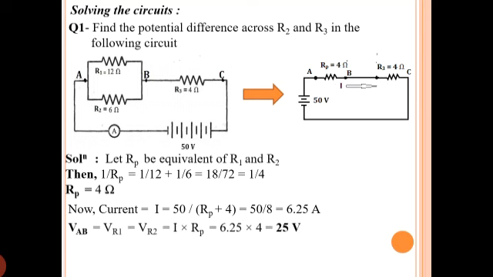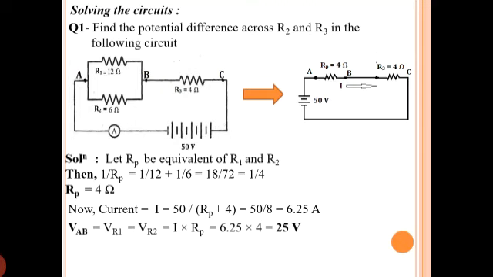So we can say VAB, the potential difference across AB, is equal to VR1, the potential difference across R1, which is equal to the potential difference across R2, and this is nothing but I into Rp, because the resistance between A and B is Rp only, that is 4, and the current is 6.25, so 25 volt. So we can say the potential difference across R2 is 25 volt, and that is the same across R1 because they are in parallel.